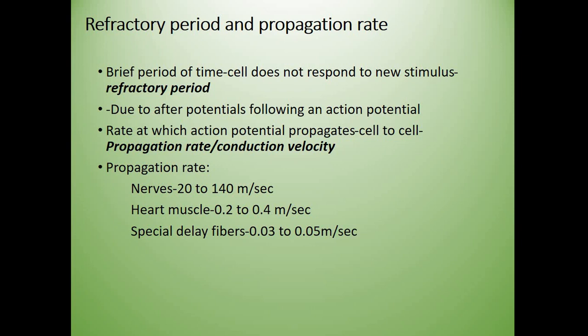For nerve cells, it is found to be 20 to 140 meters per second, while for certain cells in heart muscles it is 0.2 to 0.4 meters per second, but certain other delay fibers in the heart muscles may also introduce a conduction velocity at a very slow rate of 0.03 to 0.05 meters per second.